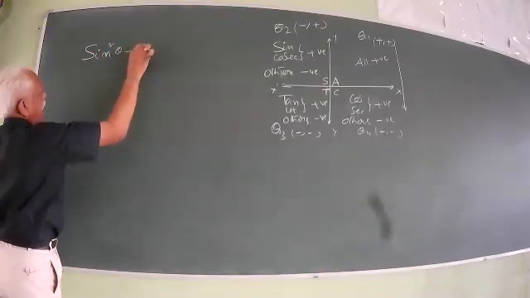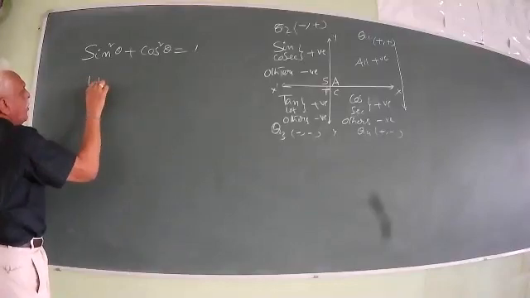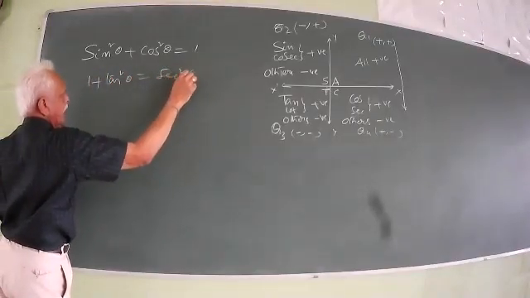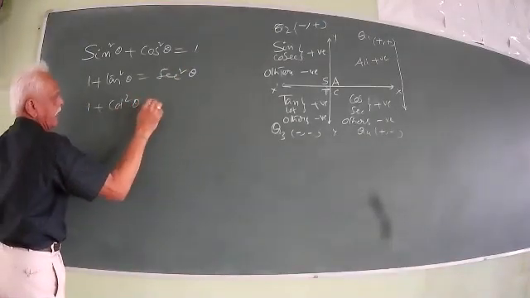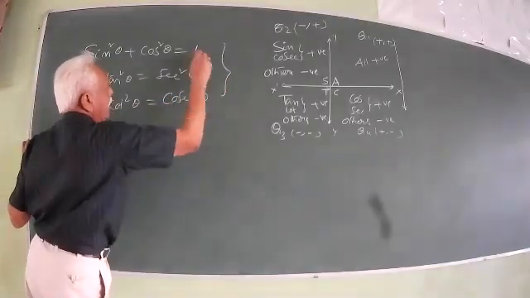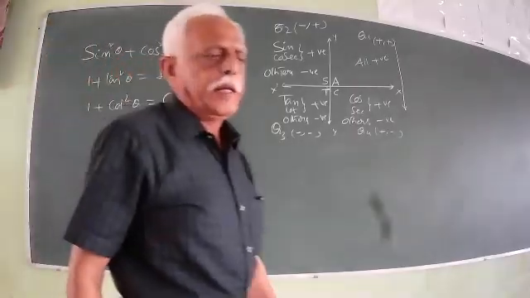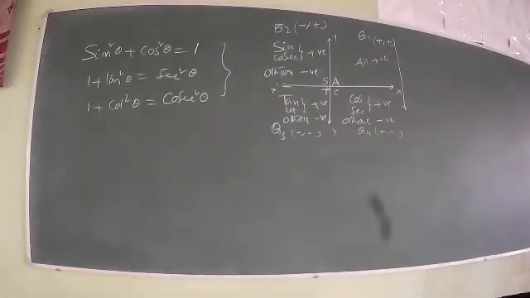Sin square theta plus cos square theta is equal to 1. 1 plus tan square theta is equal to secant square theta. And 1 plus cot square theta is equal to cosecant square theta. You must be thorough with these three identities to work the problems in the exercise. You need to have those.